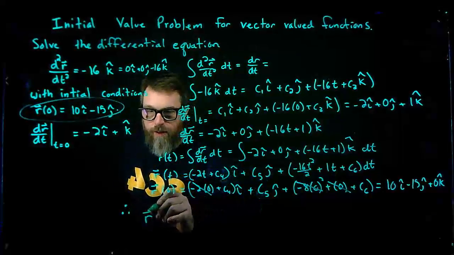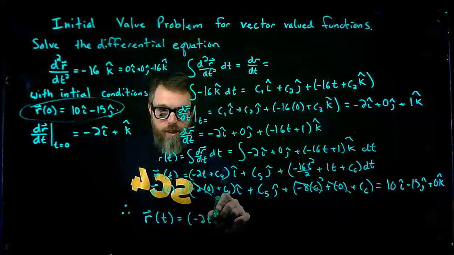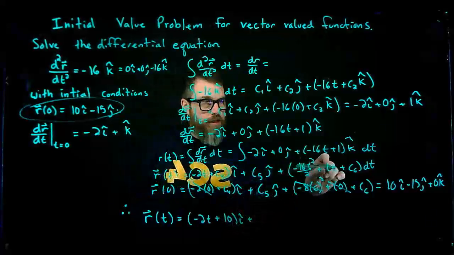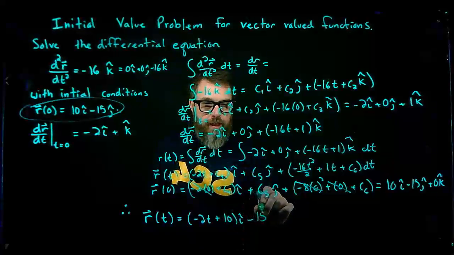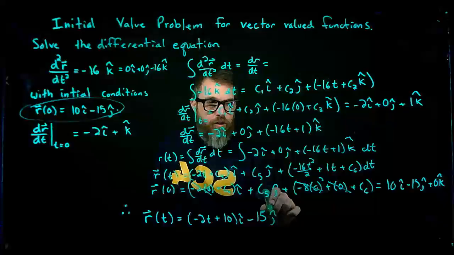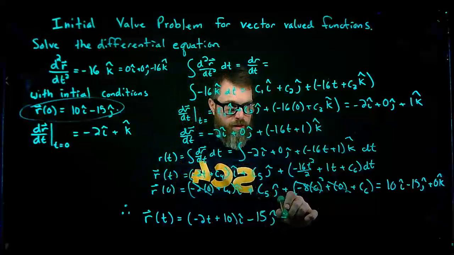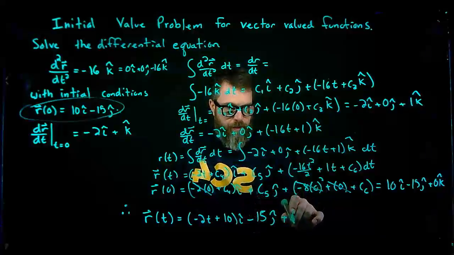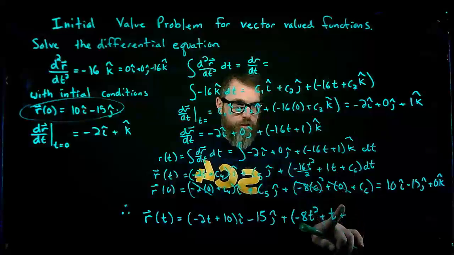Our vector valued function r is going to be equal to minus 2t plus c4, which we know is 10, in the i direction, plus c5, which is minus 15j, plus a negative 8t squared plus 1t plus c6, which is 0, in the k direction.